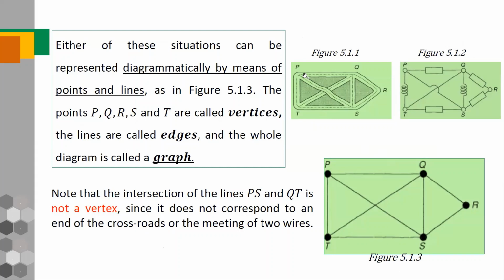For the park map, the points are like the intersections of the roads, or the ends. So we can model it like this. The points P, Q, R, S, and T are called the vertices of the graph, and the lines connecting them are the edges of the graph.